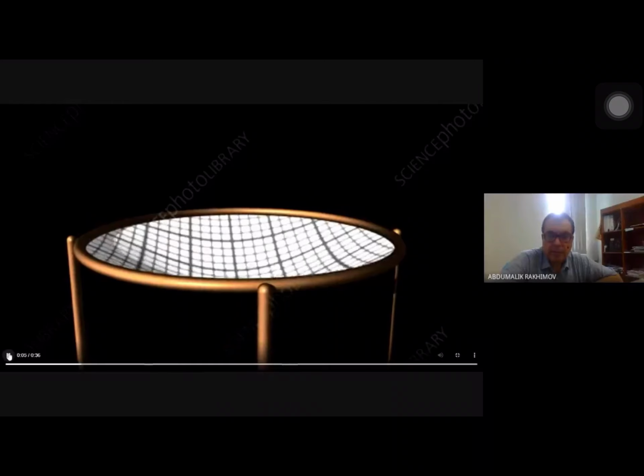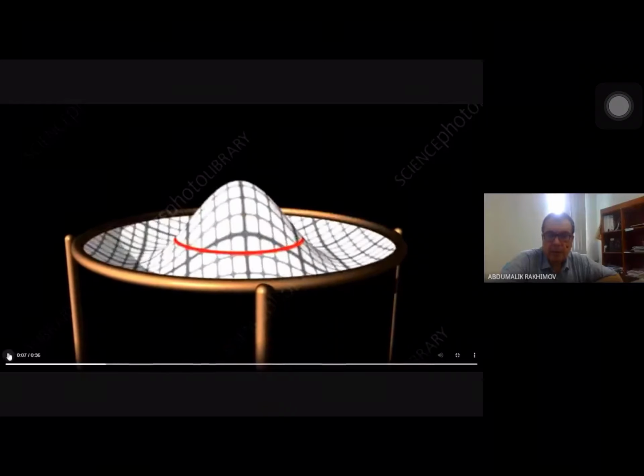Let's say again. This red line means some radius, right? For some value of radius, displacement is the same. So displacement depends only on radius and time, right? It is independent from angle.